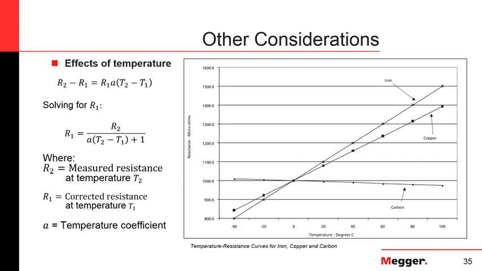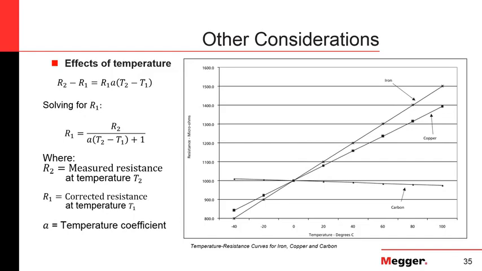The recommendation is either measure the resistance at the same temperature of our reference values, or correct those measurements to a base temperature. When testing in the field, it is actually impractical to try to measure the resistance at the same temperature of our reference values.